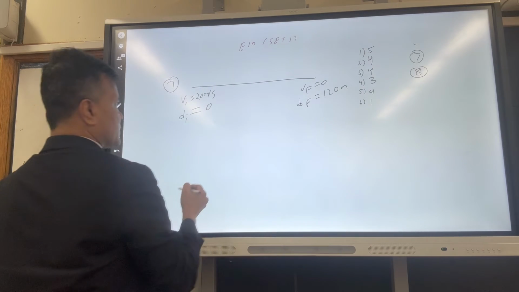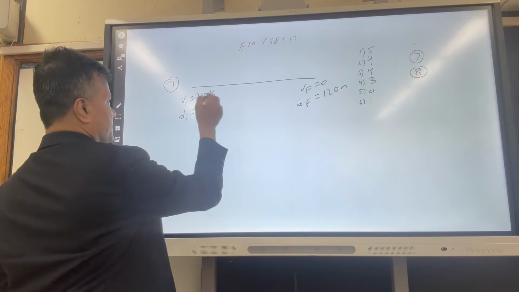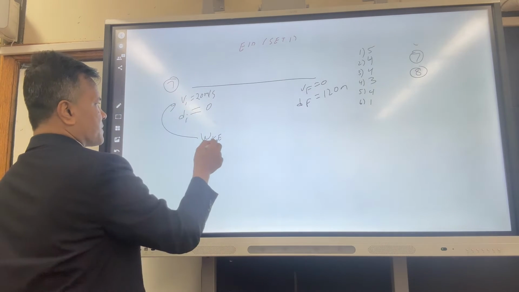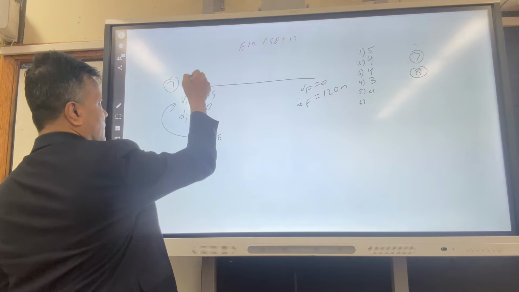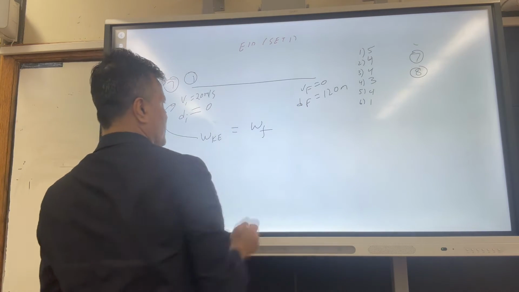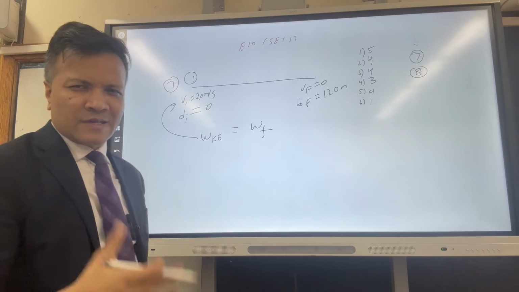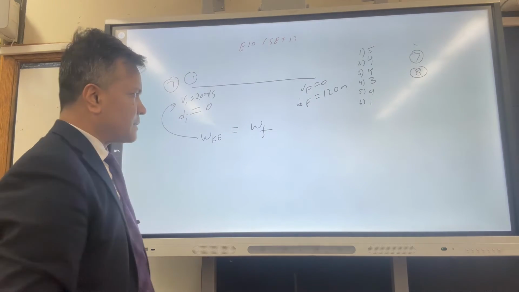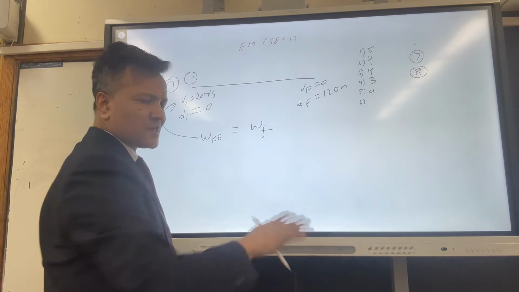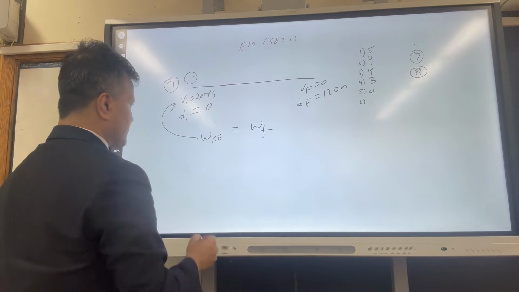The work done by kinetic energy at location 1 is equal to the work done by friction at location 2. So friction really sucks off all the kinetic energy from 0 meters to 120 meters. That's the story over here.